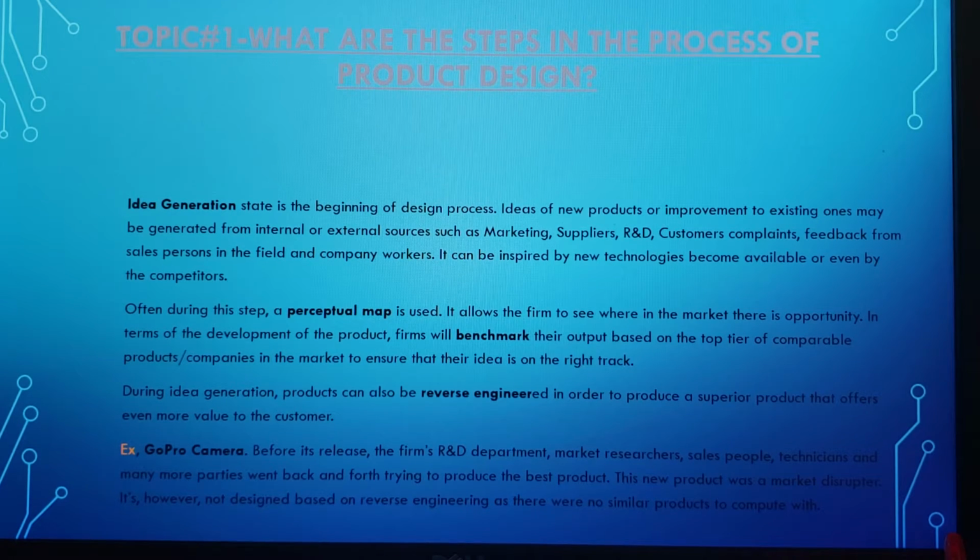An example of this is GoPro cameras. Before its release, the firm's R&D department, market researchers, salespeople, technicians, and many more parties went back and forth trying to produce the best product. This new product was a market disturber. It is, however, not designed based on reverse engineering, as there are no similar products to compete with.